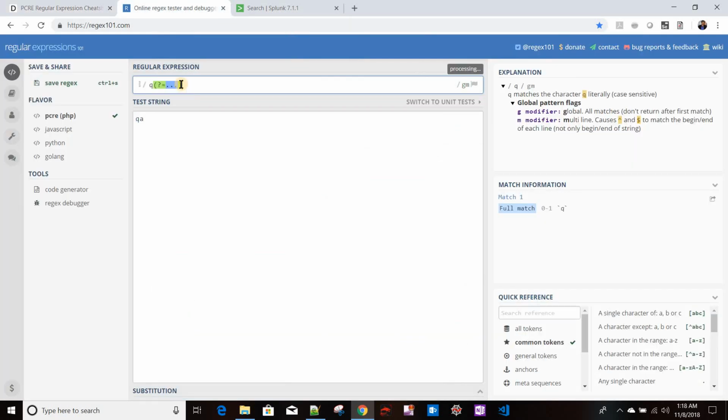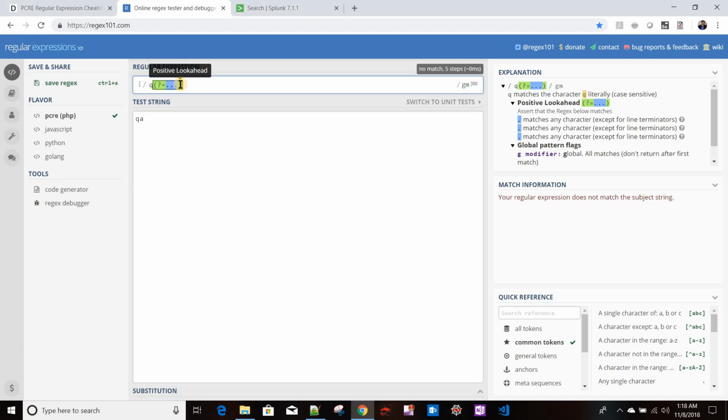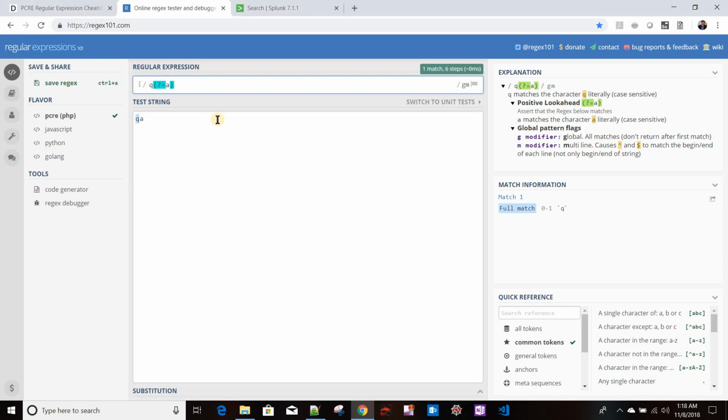Let's say Q, and after Q I want to check whether A is there or not. As my string has A after Q, it is giving me only Q. It is not giving me QA.